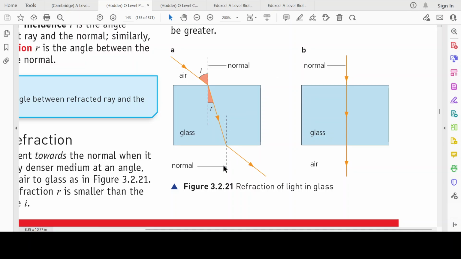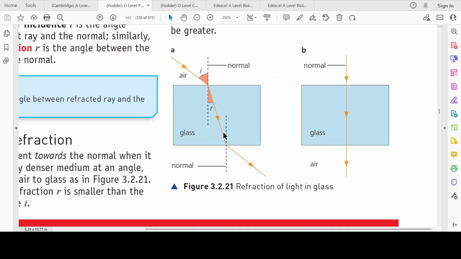And so you've got the normal, you've got the incident ray. This is, in this case, the refracted ray or the second refracted ray, whatever helps you understand. When it's entering an optically less dense medium, so air is optically less dense than glass, the thing to keep in mind is that the ray will be bent away from the normal.